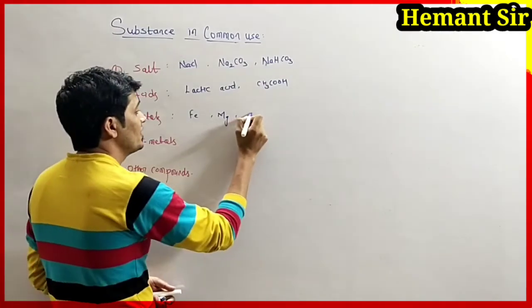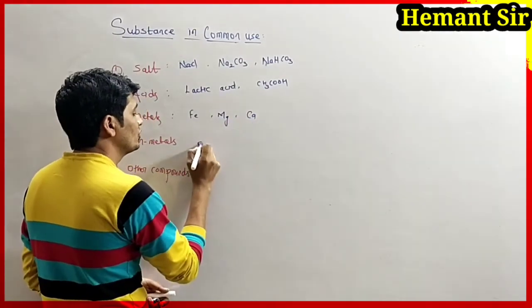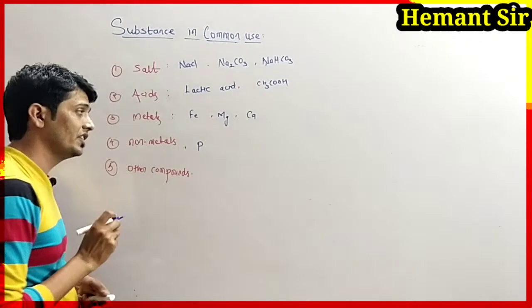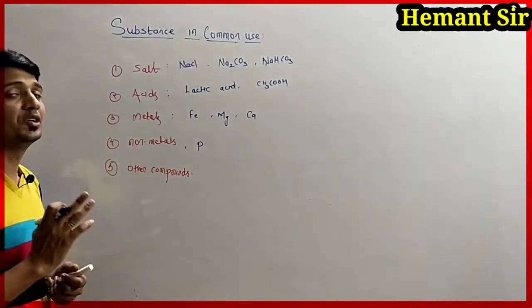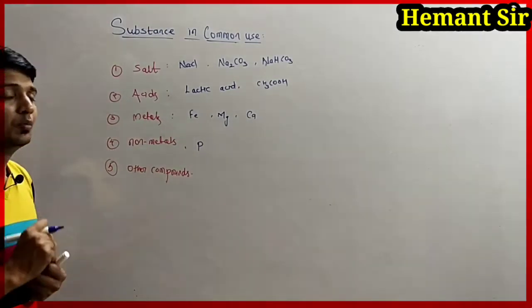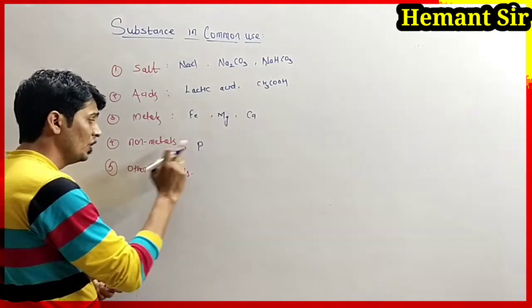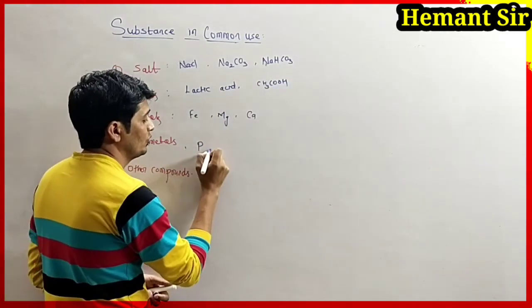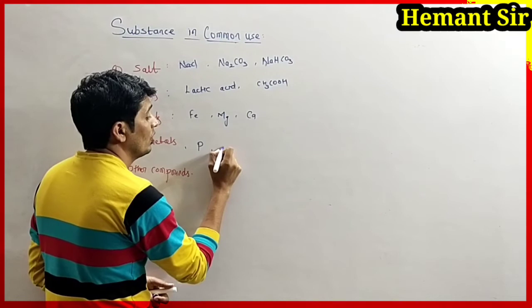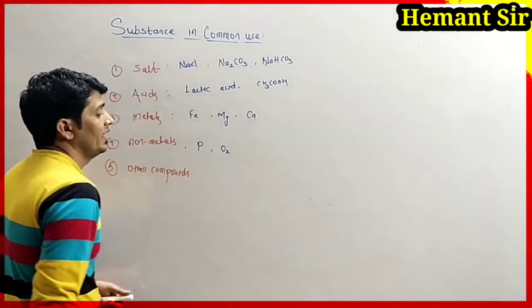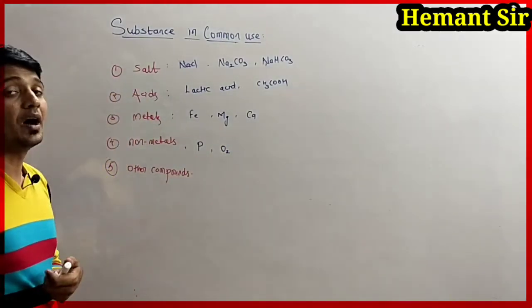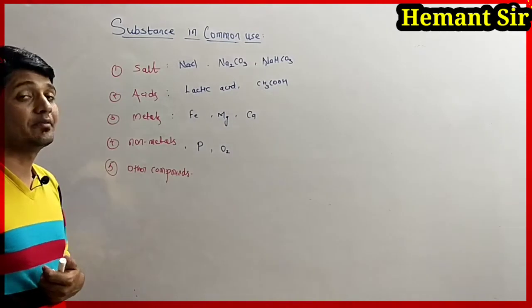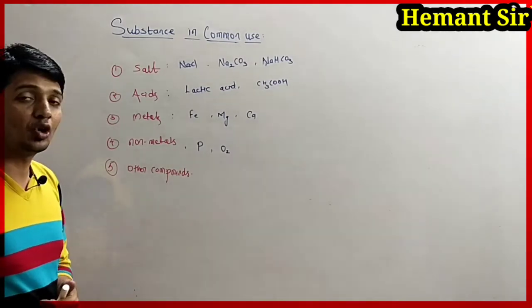Calcium is a metal and phosphorus is a non-metal, which are used for the preparation of our teeth and bones. In non-metals we have phosphorus and oxygen. It is again a very important part of our daily life, because without oxygen life is not possible.